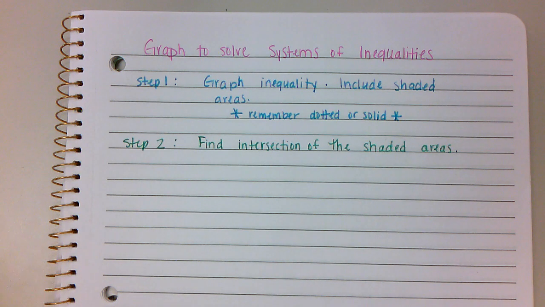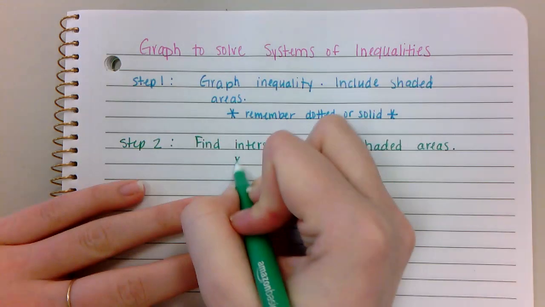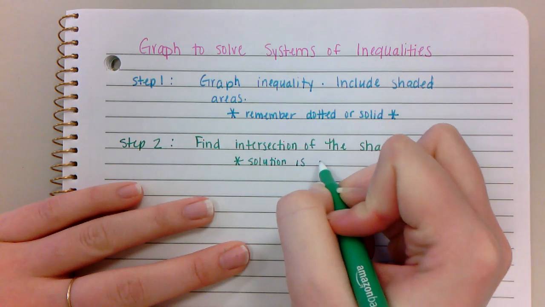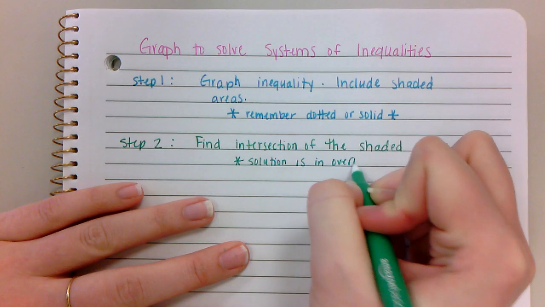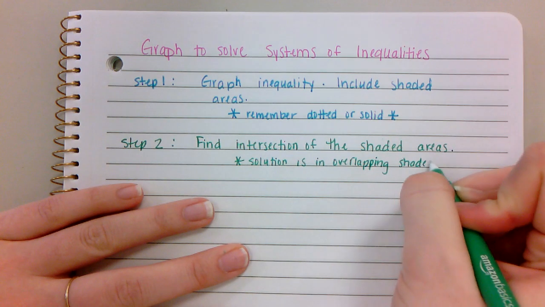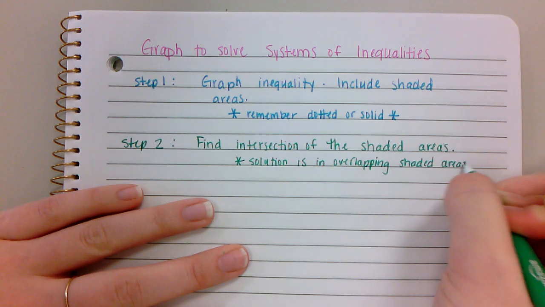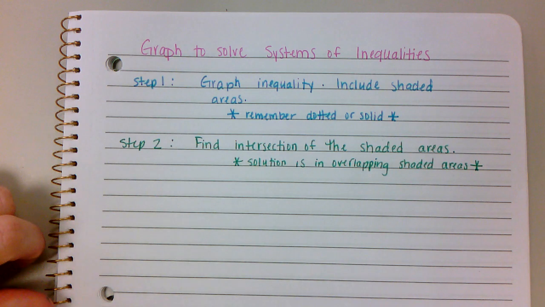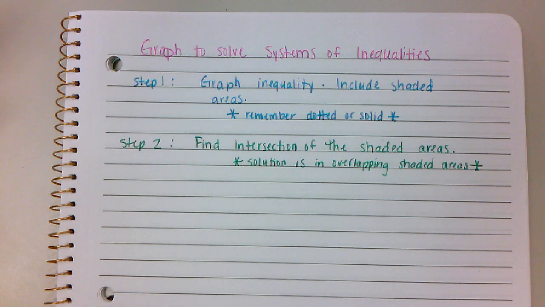Well, now the place where the 2 shaded areas overlap is the answer. So I'm going to put right here, solution is in overlapping shaded areas. So any value that's in that shaded area is a solution. And that's all that there is to graphing systems of equations.